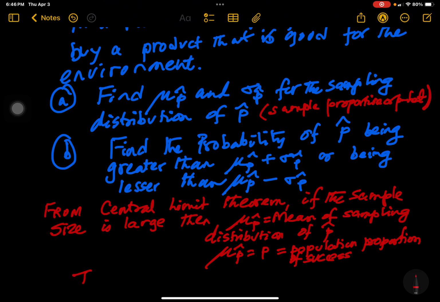The sampling distribution of p hat is bell-shaped.